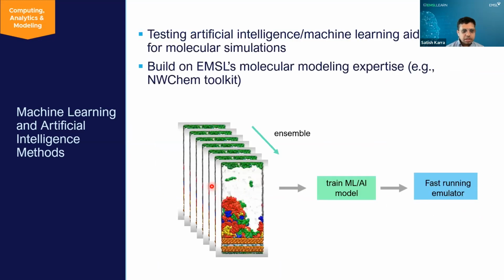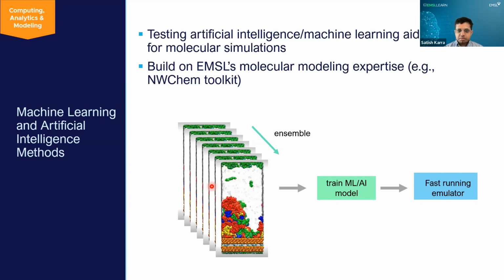And the third aspect of bringing AI/ML into our workflows is that we are seeking testing of AI/ML methods for molecular simulations. EMSL has strong expertise and a suite of capabilities in the area of molecular modeling, including the NWChem toolkit.